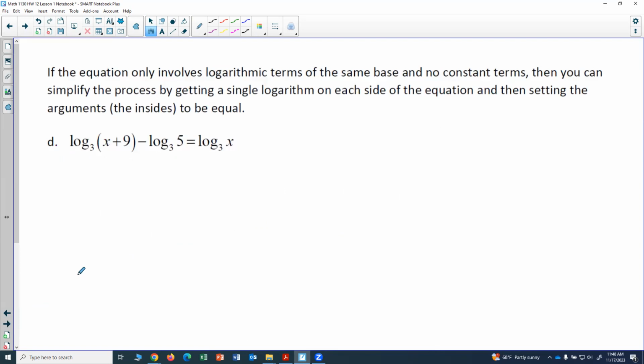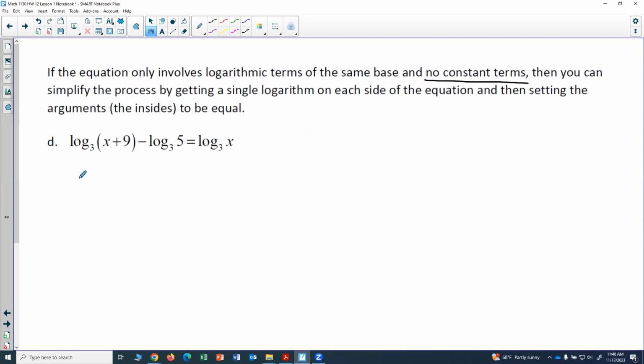If the equation only involves logarithmic terms of the same base and no constant terms, then you can simplify the process by getting a single logarithm on each side of the equation and setting the arguments or the insides to be equal. But this only works if you have no constant terms. In our last example, we did have a constant term, so we could not do that.